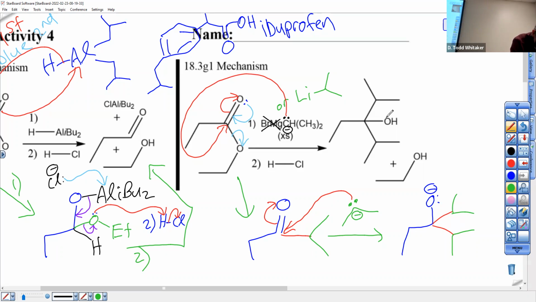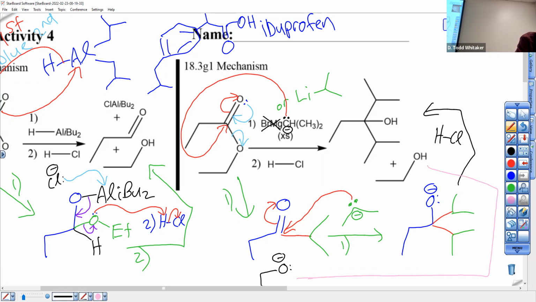So a reminder, you generated O-ethyl here, and I think we can finish the mechanism. Step 1 is here and here. It's time for step 2. And I don't even need to explain myself here, do I? HCl, and I don't know, side product, we'll go light pink. It's going to go here. HCl, same story.